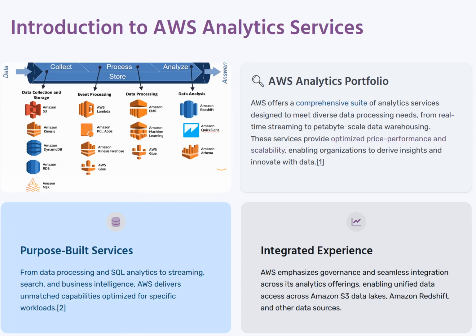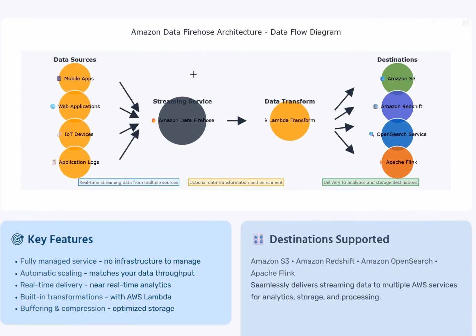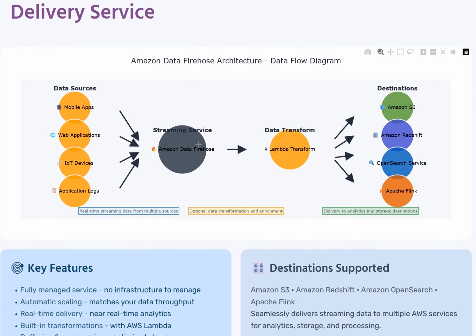All right, let's go to the next slide. We are going to talk a little bit about Data Firehose, the streaming data delivery service. So, the Firehose architecture and data flow diagram, briefly. You have the data sources: data from mobile apps, web applications, IoT devices, and application logs.